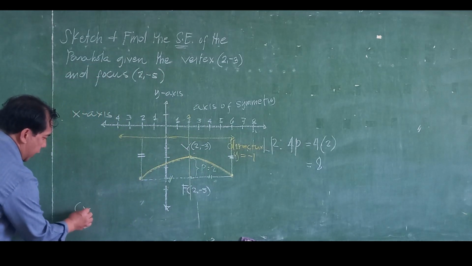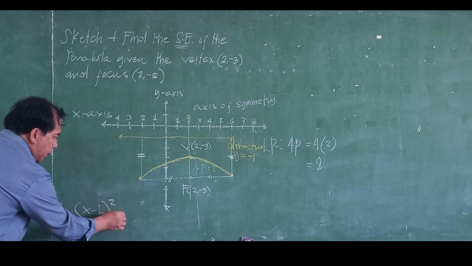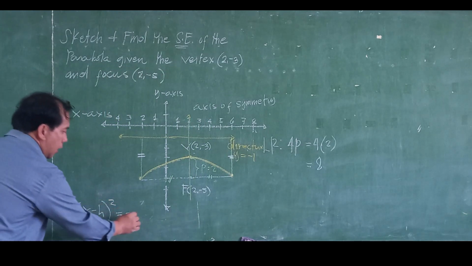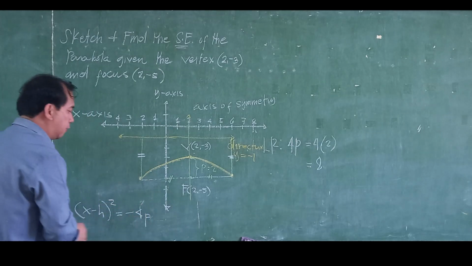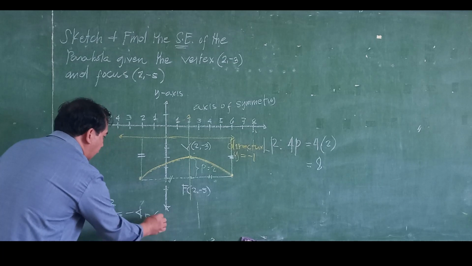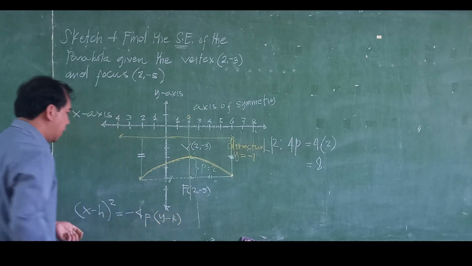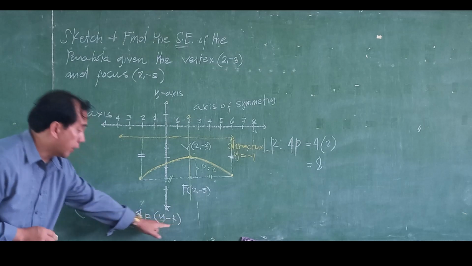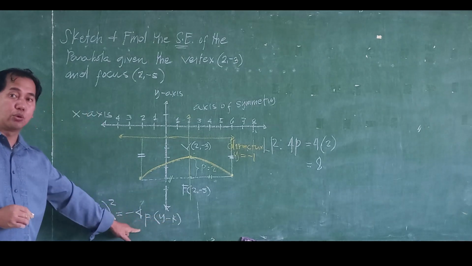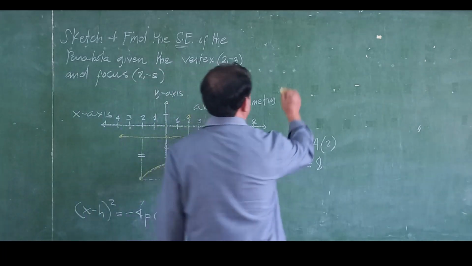That is x minus h raised to the second power is equal to negative 4p, that is y minus k. From that, we can now use the vertex and, of course, the latus rectum. Now, what would be the standard equation?